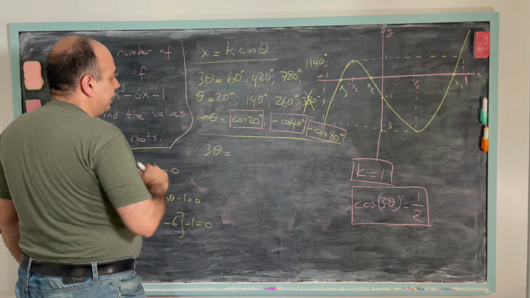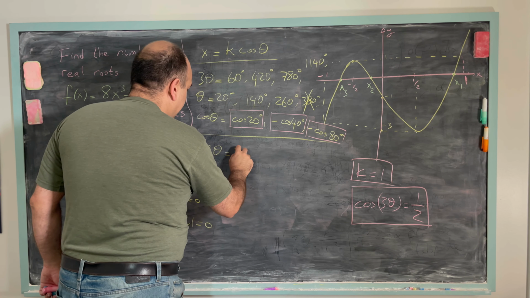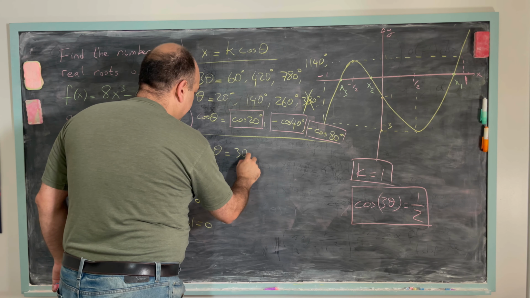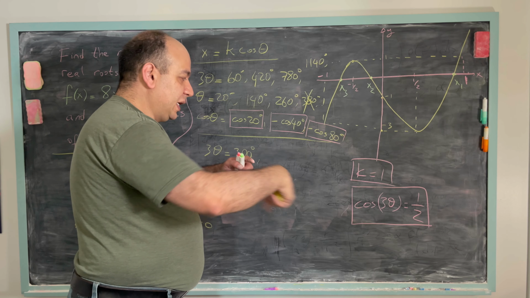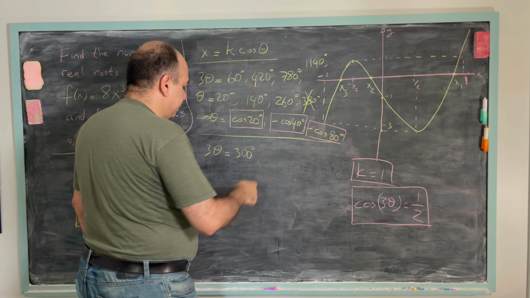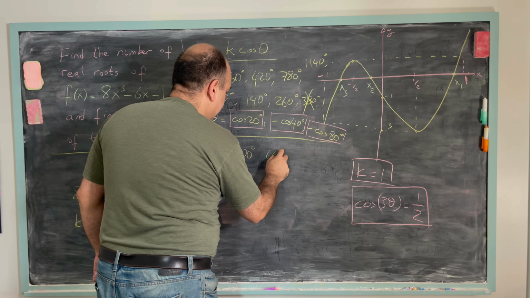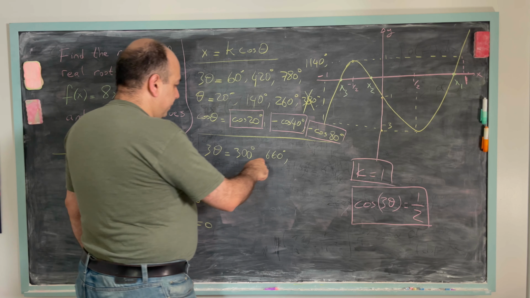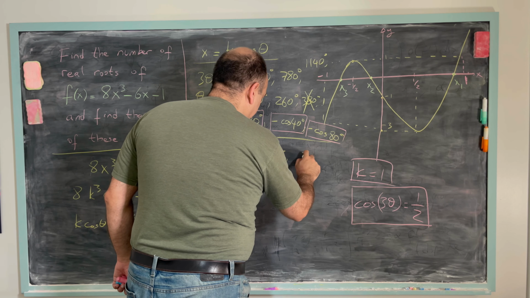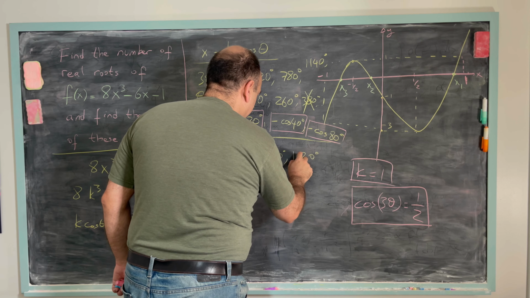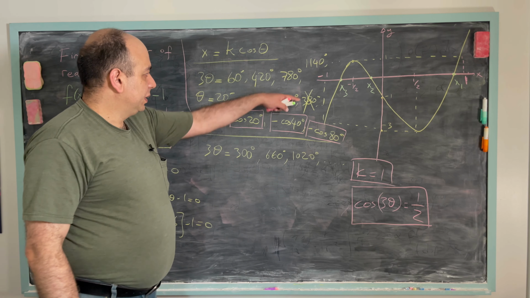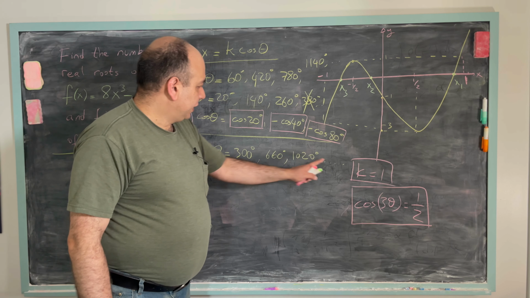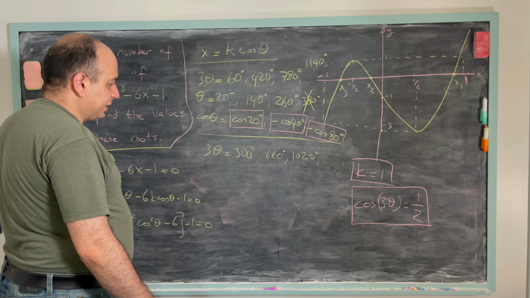So 3 theta can be 300 degrees. Then we'll make 360 degree rotations again, so this will be 660, and then we will have 1020 and so on. Similarly, we will have repeating thetas here.